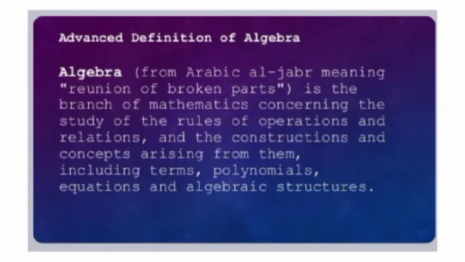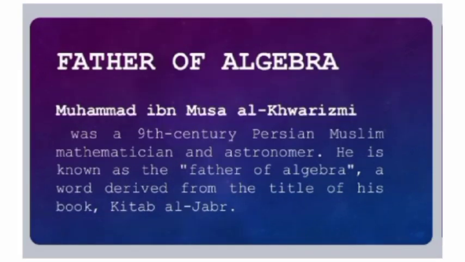Algebra is concerned with the study of the variables represented by letters and the operations relating these variables. Advanced definition of algebra: Algebra, from Arabic al-jabar, meaning reunion of broken parts, is the branch of mathematics concerning the study of the rules of operation and relation and the structures and concepts arising from them, including terms, polynomials, equations, and algebraic structures.